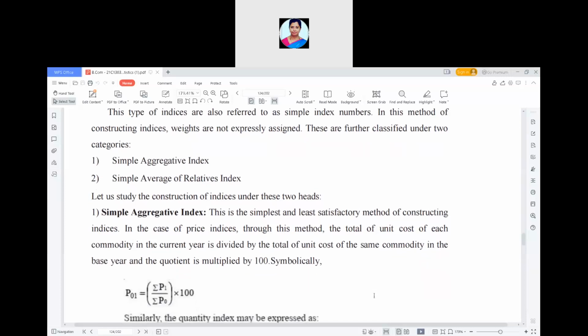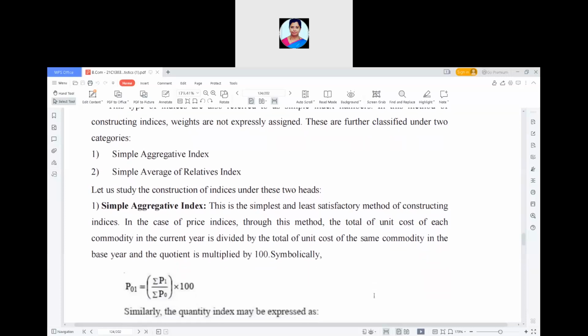So P naught 1, the notation we use for price index, is equal to summation P1 divided by summation P naught into 100.